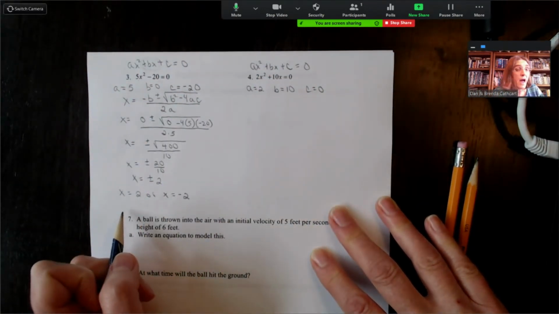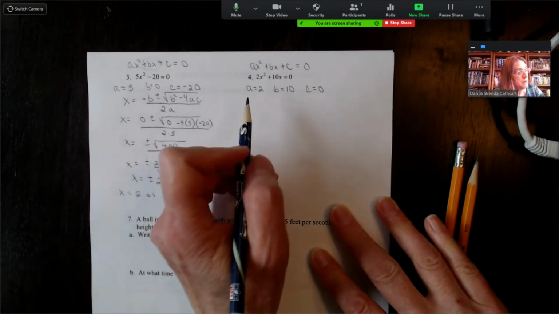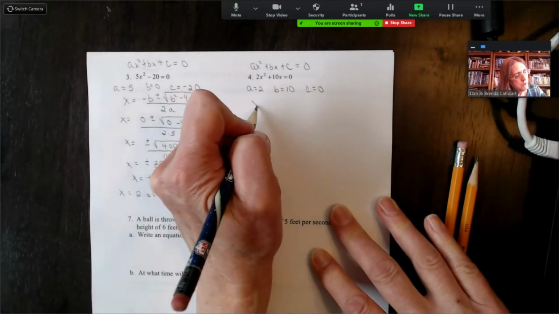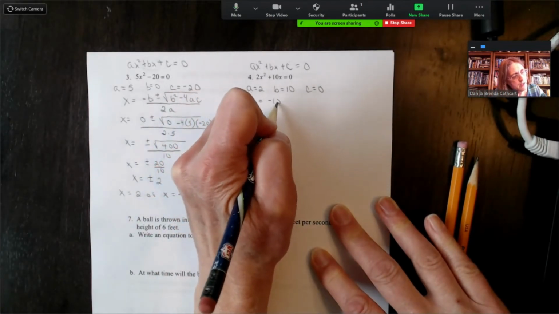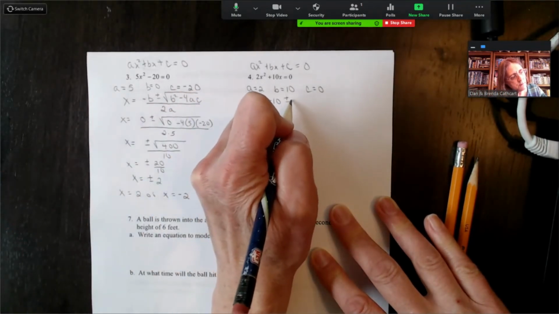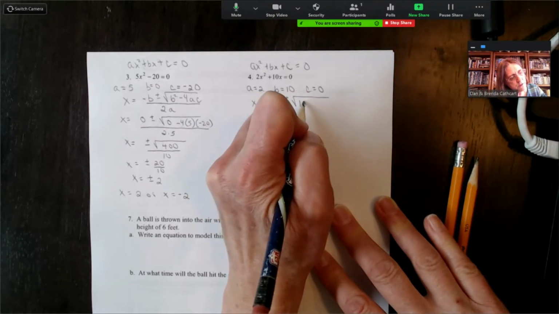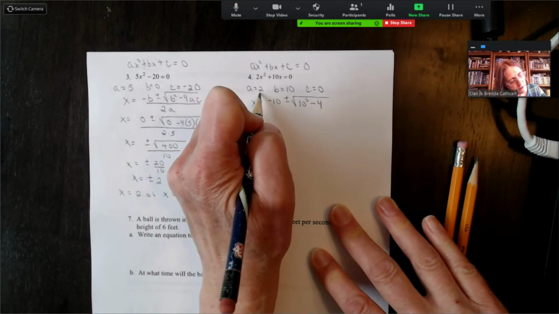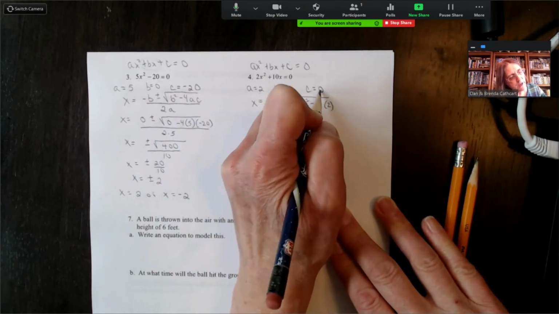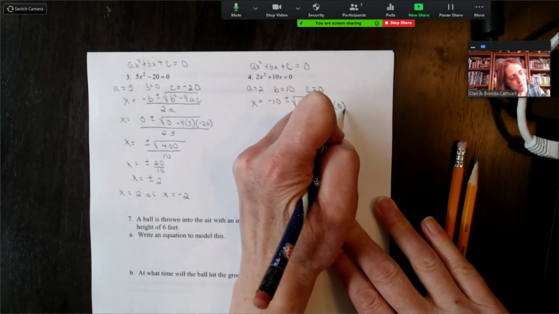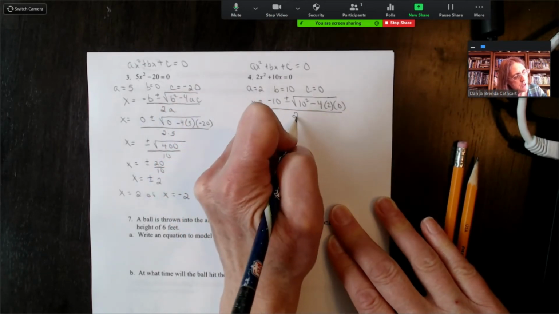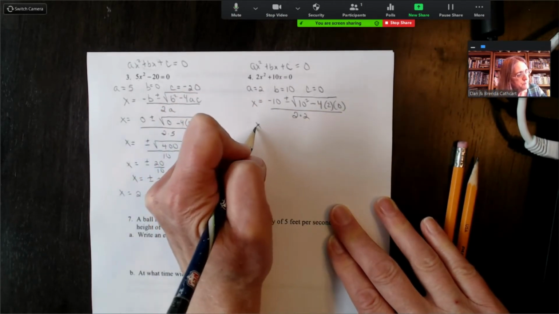So if we solve that using the quadratic formula, plugging our numbers a, b, and c into our equation, we have x equals negative 10 plus or minus the square root of 10 squared. And watch what happens here. We have minus 4 times your a, which is 2, times c, which is 0, all divided by 2 times a, or 2 times 2.